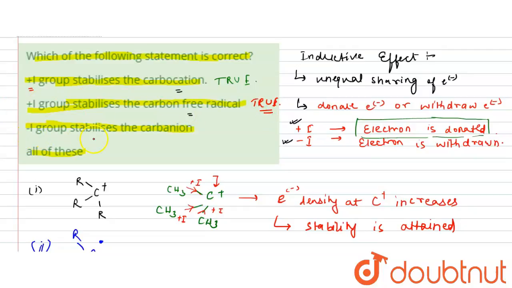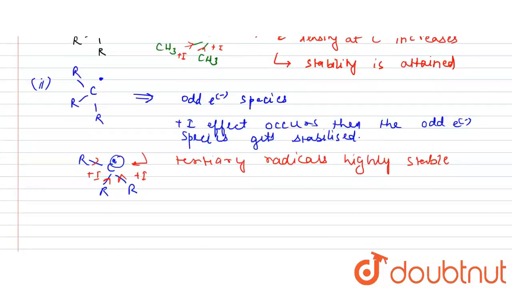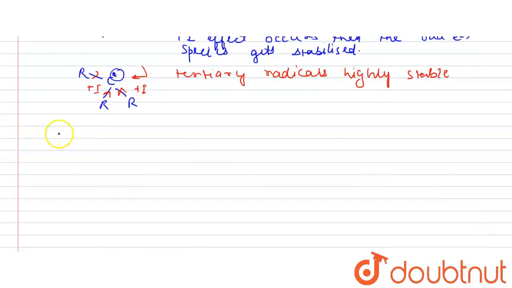Now next is minus I group stabilizes the carbanion. What is a carbanion? If there is a negative charge on the carbon, then it is a carbanion. This is very important. Now if minus I effect occurs, what will happen?